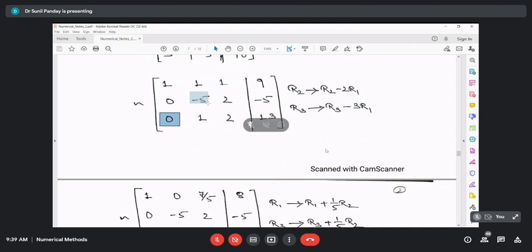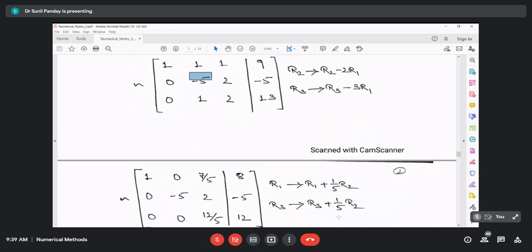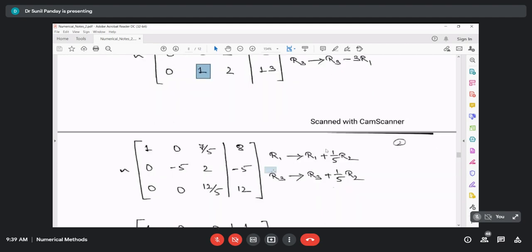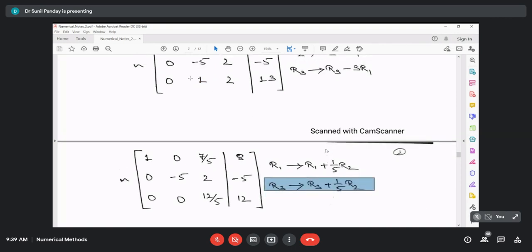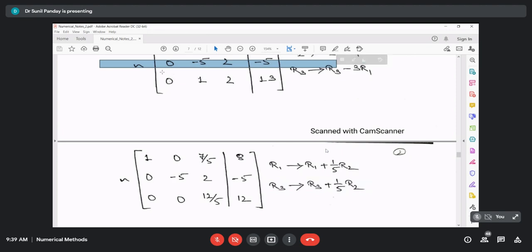So to produce 0 below the A22 entry, I have to use R2. Here you can see, to produce 0 at this entry, I use this operation: R3 goes to R3 plus 1 upon 5 R2. So to make 0 below A22 or above A22, I have to use the R2 row. If I use any other row, it will disturb the other 0s which are already produced.